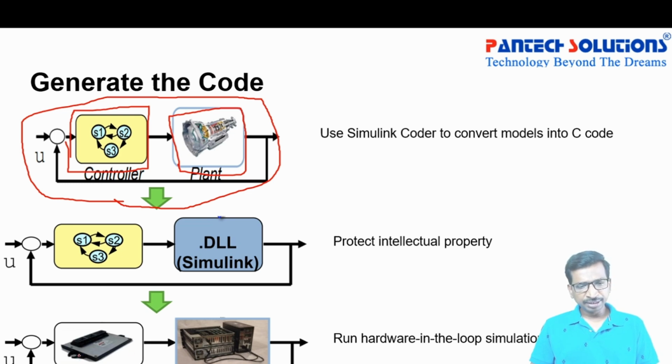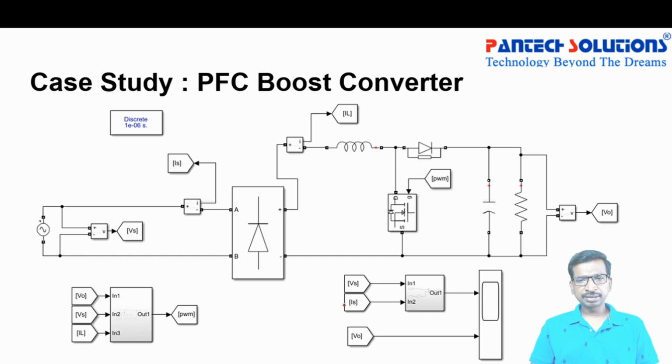See here, in the real-time world, you need a control signal and then you need plant equipment. This equipment is going to control your hardware, right? If you take this case study, as you know, the PFC boost converter we discussed in the power converter section, this experiment gives you the proof of concept.